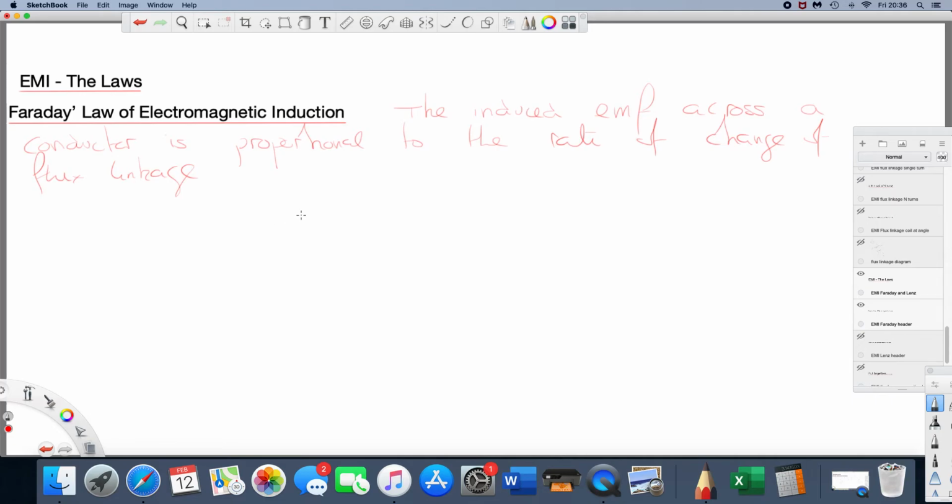That is to say, the induced EMF is proportional to the rate of change of flux linkage.